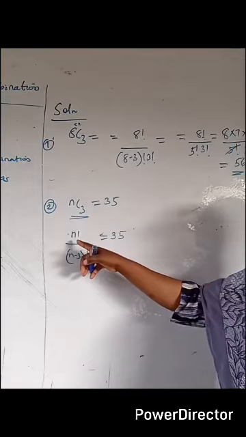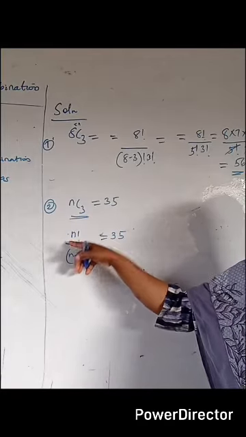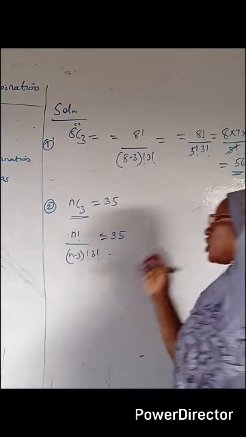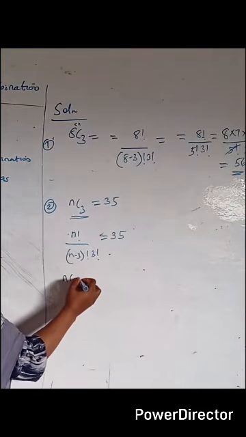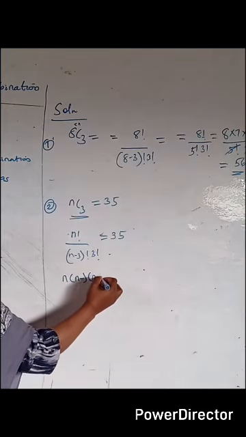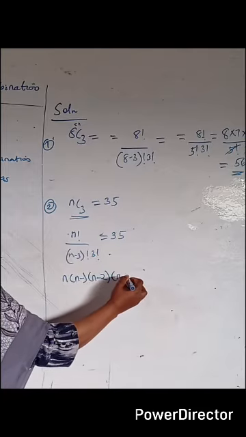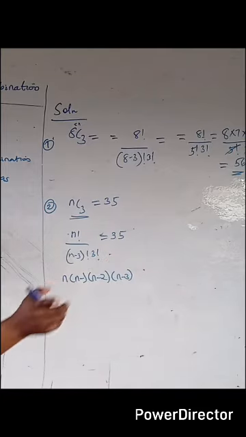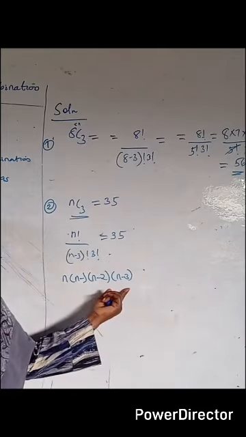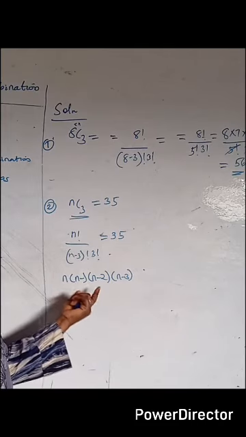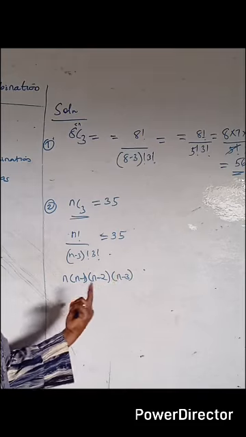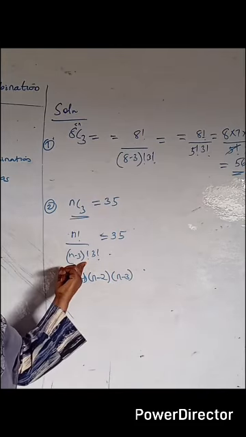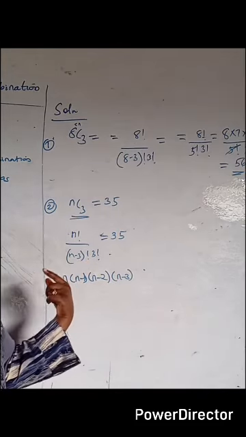Remember the expression for n factorial. That was the first thing we discussed in this session. So n factorial can be rewritten as n times n minus 1, n minus 2, n minus 3, and so on till 1. But here, I'll be stopping at n minus 3 factorial because I also have n minus 3 factorial in the denominator so that they can cancel one another.